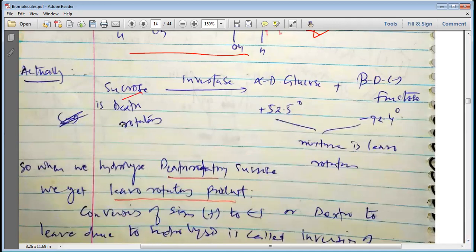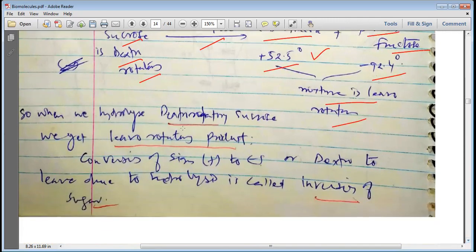Actually, sucrose is dextrorotatory, and due to the inversion, the alpha D glucose formed has a rotation of plus 52.5 degree, and we get beta D fructose, which has a rotation of minus 92.4 degree, and due to the mixture of these two forms, the overall rotation turns out to be minus.